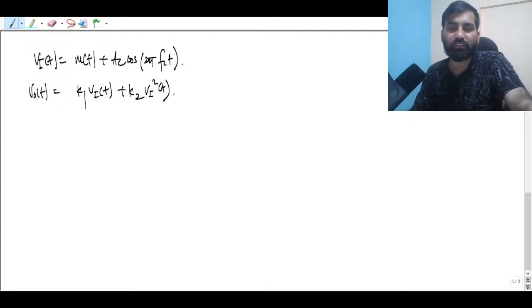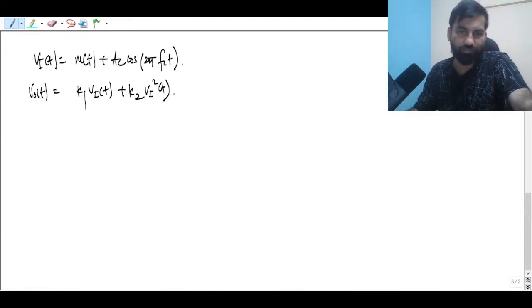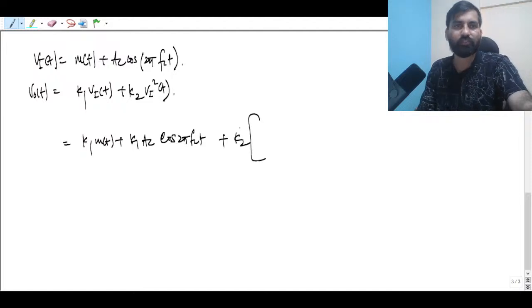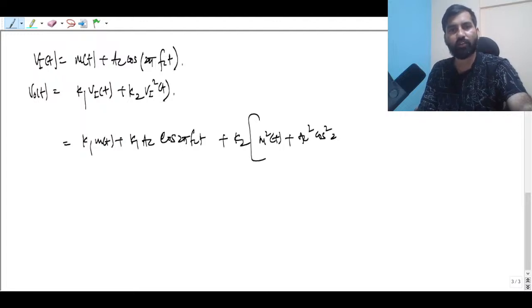Then you can put this in place, so here you can say k1 m(t) plus k1 Ac cos 2 pi fc t plus k2 times the square of this. So this will give you m square(t) plus Ac square cos square 2 pi fc t plus 2 m(t) Ac cos 2 pi fc t.